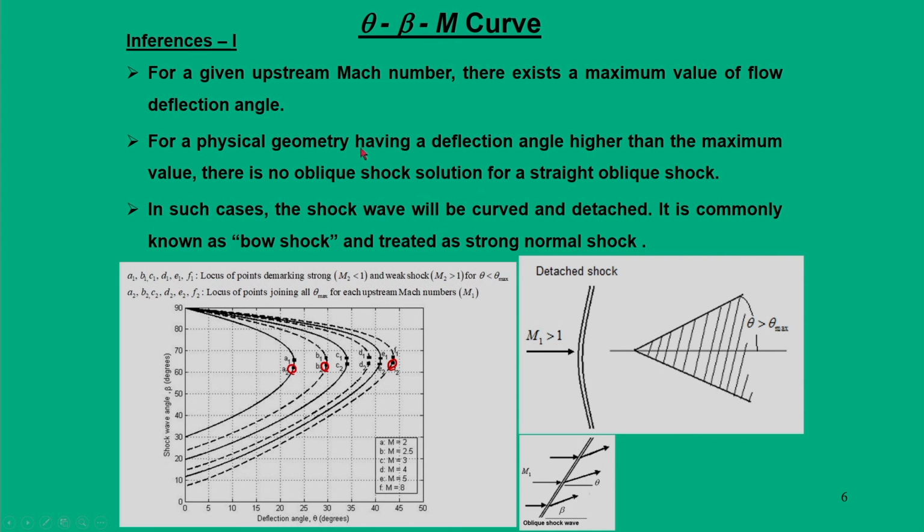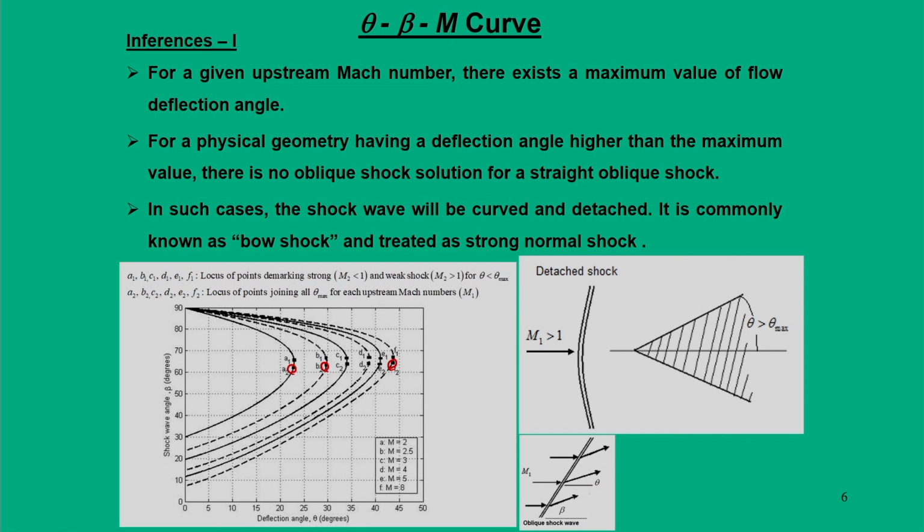Now, the physical geometry, this is what the curve tells us. If your body or some kind of geometry has a flow deflection angle higher than this value, that means, for this Mach number, let us say Mach number of 2.5, the theta value is approximately 30 degrees.